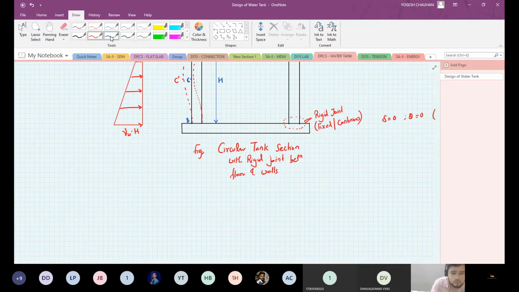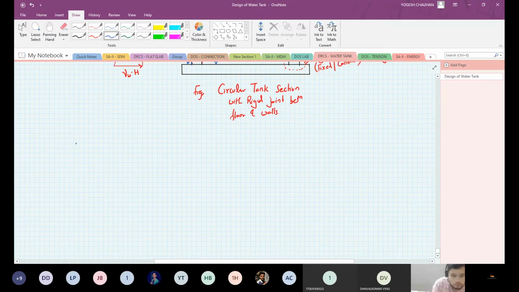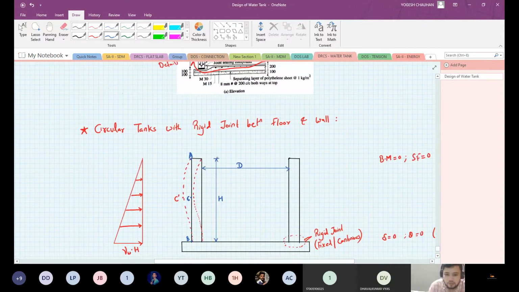Now, for deep tanks, that means the depth is more.